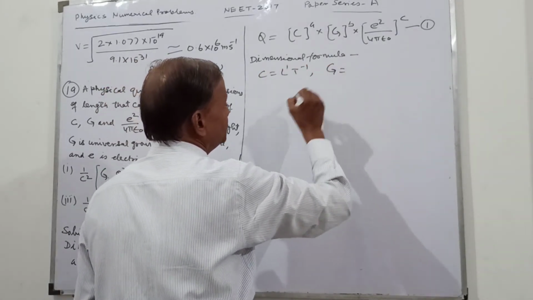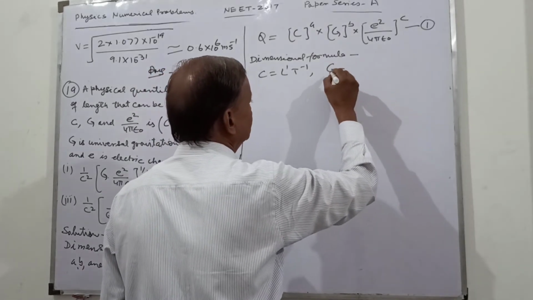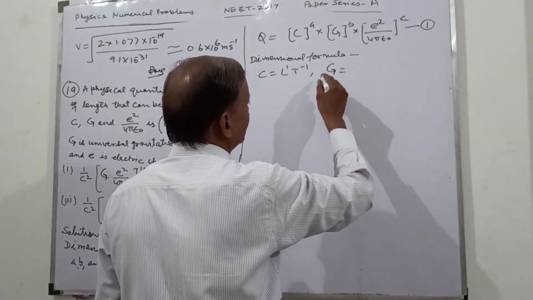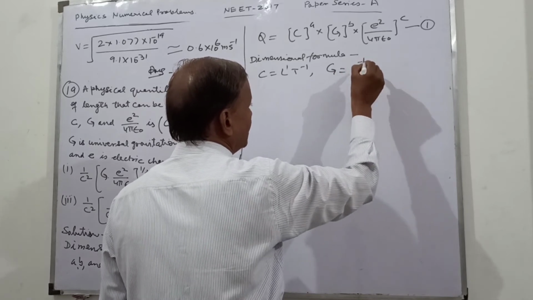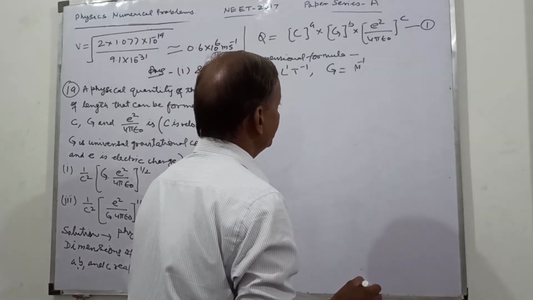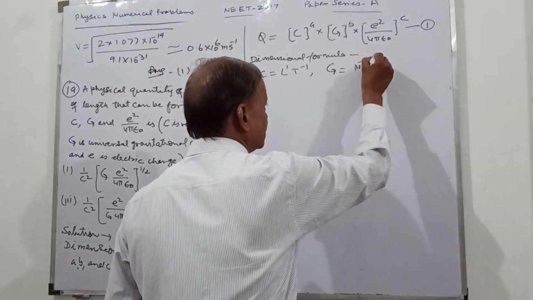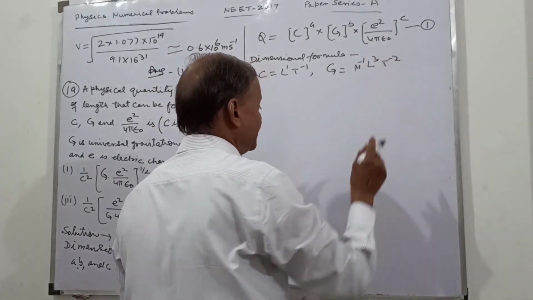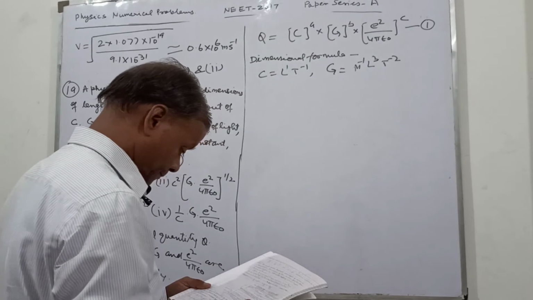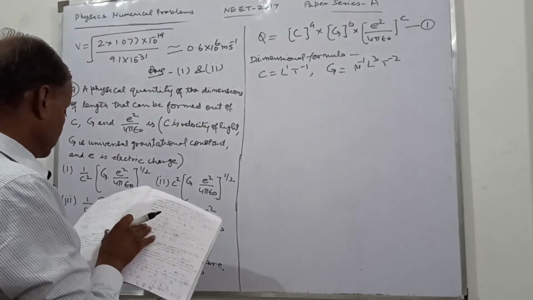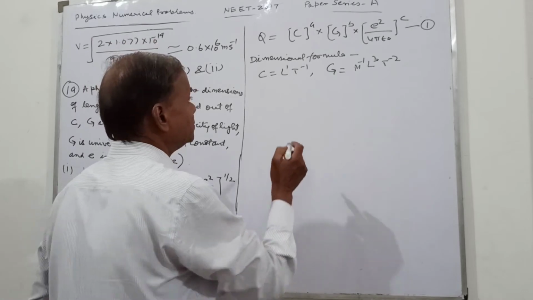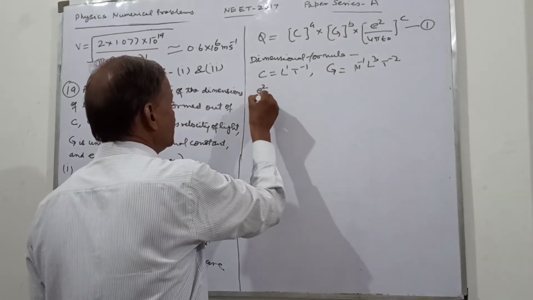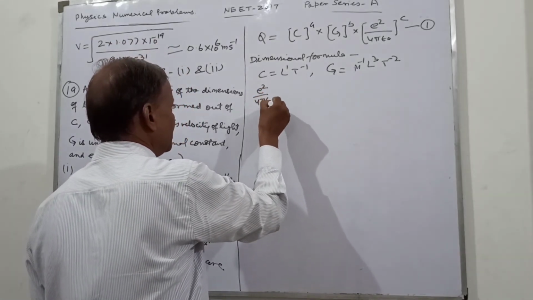G is equal to, and then this e square upon 4 pi epsilon.